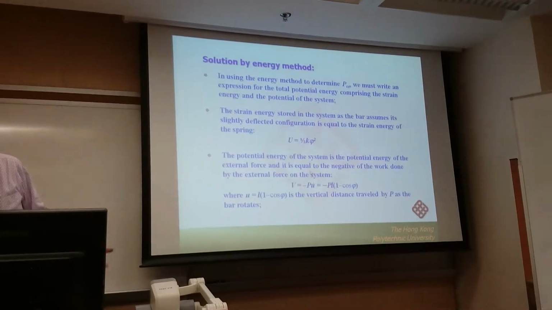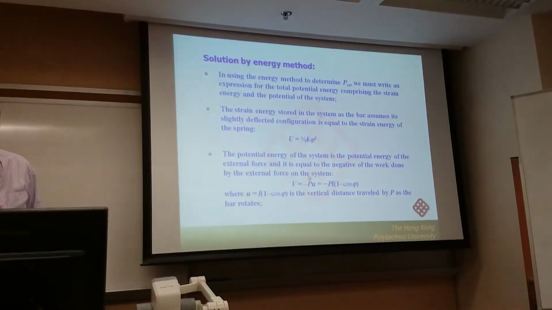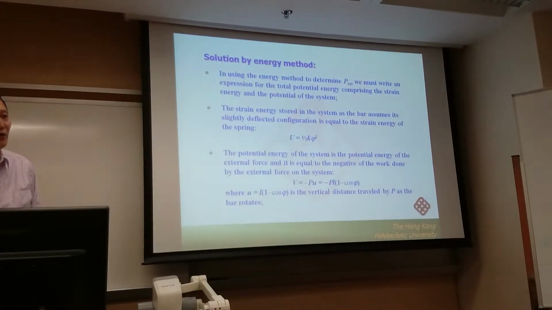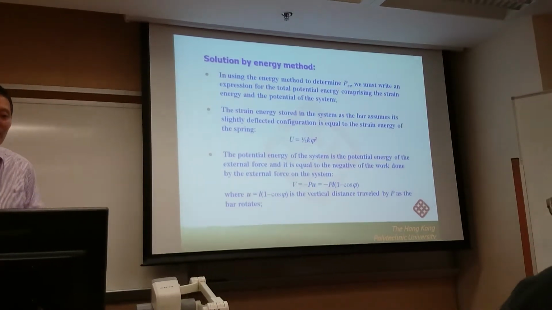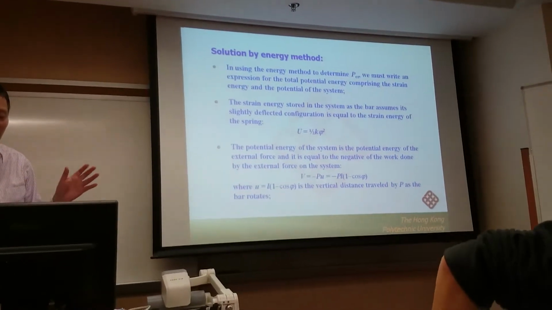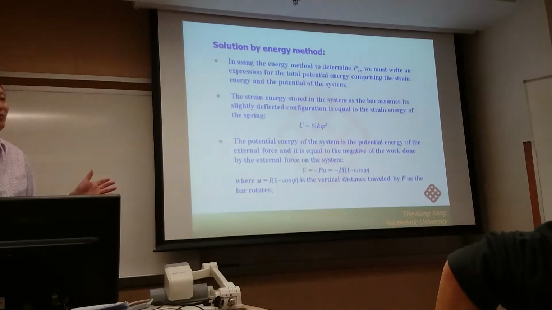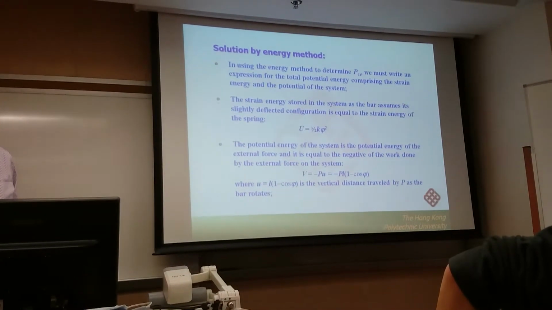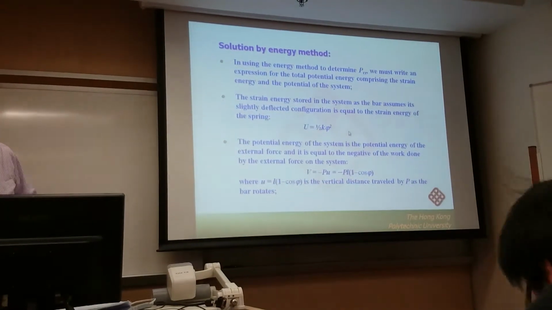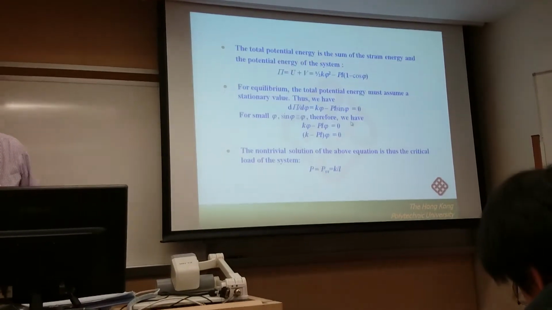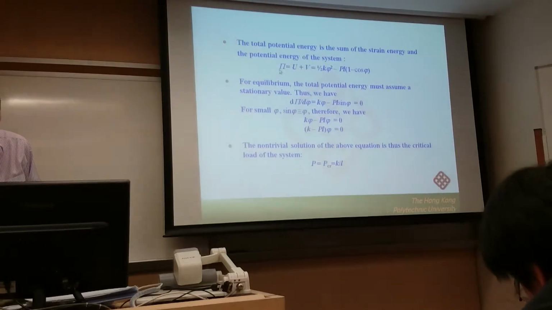So positive plus positive, it is impossible to equal zero. So for the structure subject to tension force, there is no instability problem. There is no buckling problem. It's very easy to understand because this term is always positive, so the total energy is always positive.